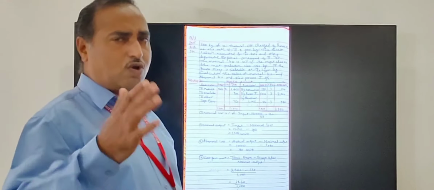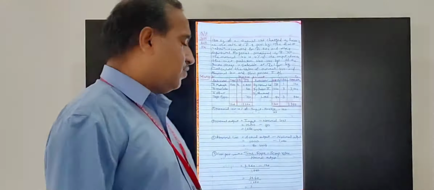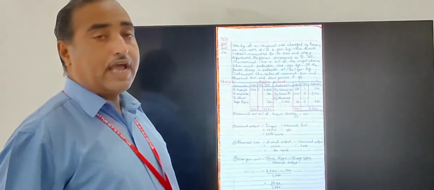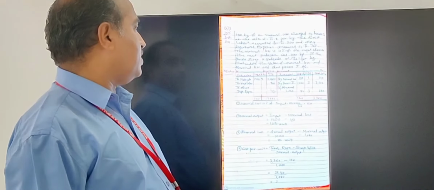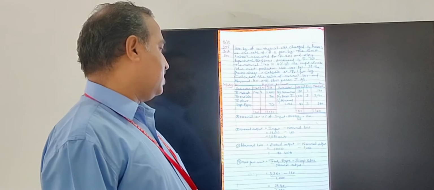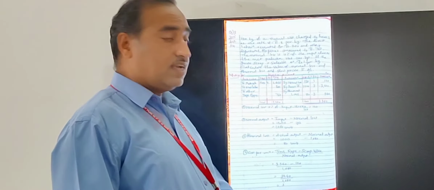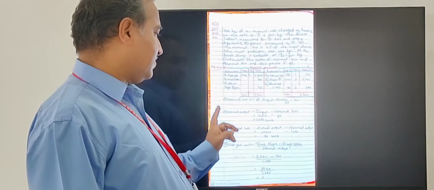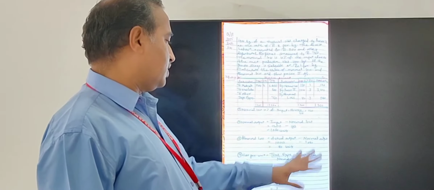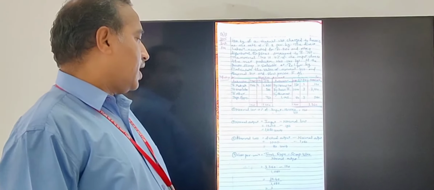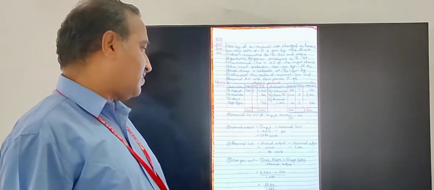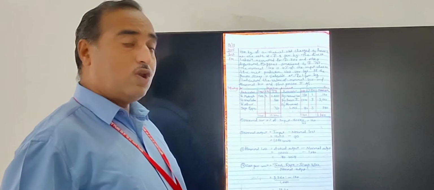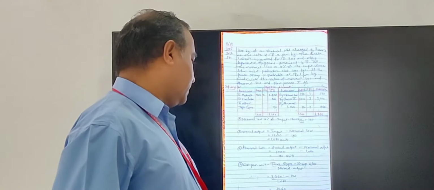Whenever you are going to find out abnormal loss, it is actual output minus normal output. Actual output is given in the problem, that is 1000 kgs. But the normal output is 1080. When you compare 1000 and 1080, actually 1000 is less, but normal is 1080, that's why it is loss. That is abnormal loss, 80 units.